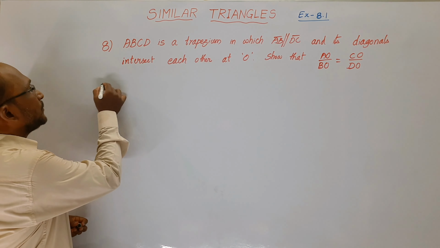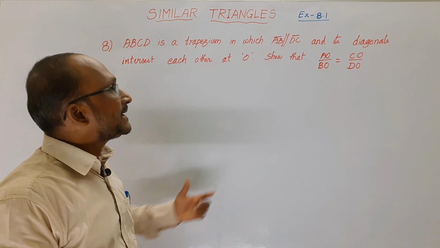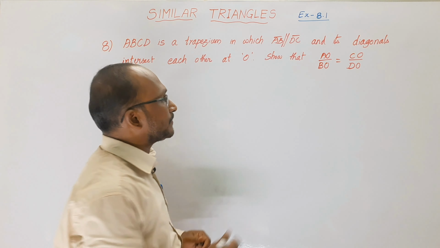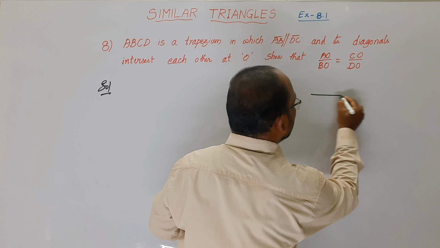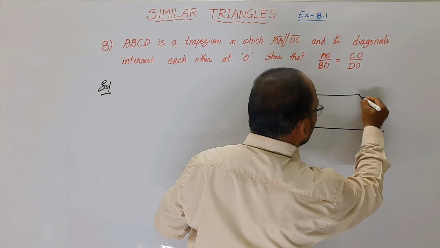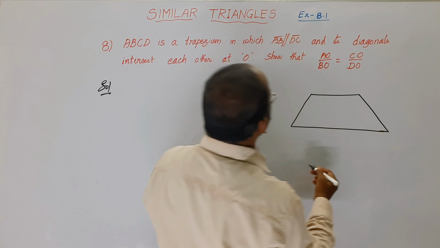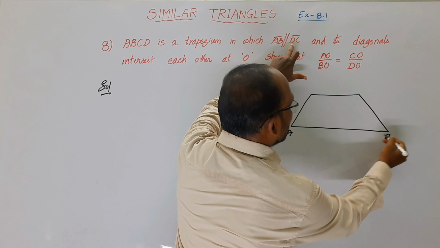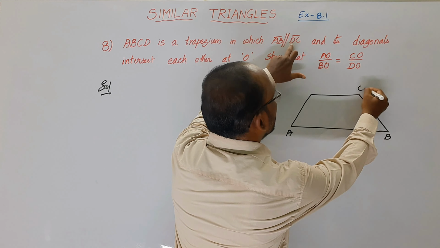Now, to prove this result, first let us present the given information in the diagrammatic form. For that, let us first take the trapezium ABCD, in which AB is parallel to DC. Let us name these sides AB, CD.